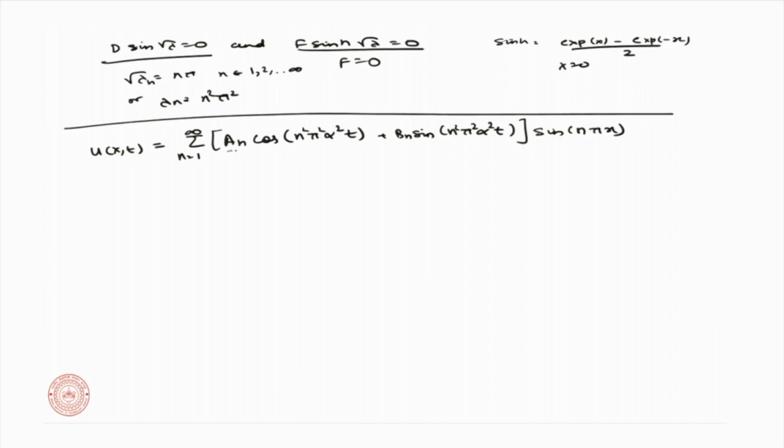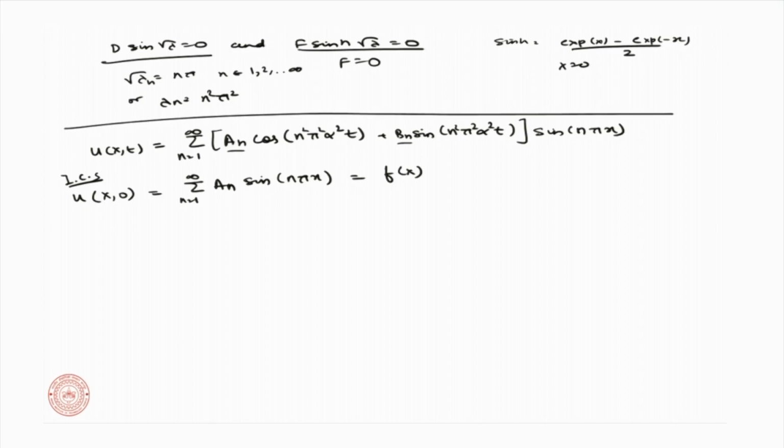Now, we need to find this a n and b n. We know from our initial conditions that u at x at 0, if you put t equals 0, the sine term goes away, the cos term remains, so summation n equals 1 to infinity, a n, cos term is 1, and sine of n pi x equals some f of x.